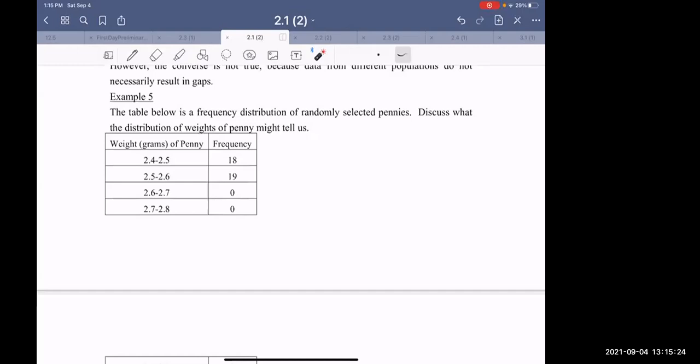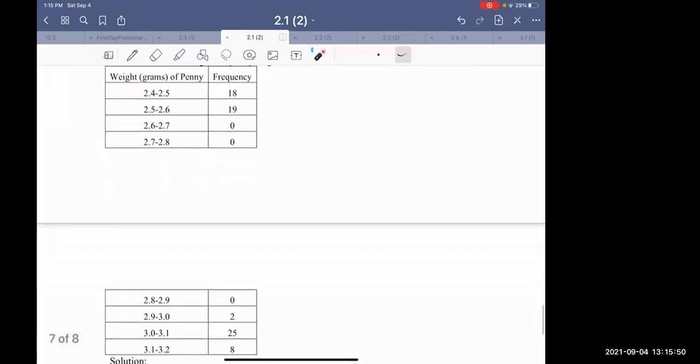So take arbitrary, hopefully you have like 30 or 40 pennies around and flip them. All of a sudden you'll notice some of them have, well, I shouldn't say this. Okay, so let's look at this table below, a frequency distribution of randomly selected pennies. So we're going to look at some pennies, discuss what the distribution of weights of pennies might tell us.